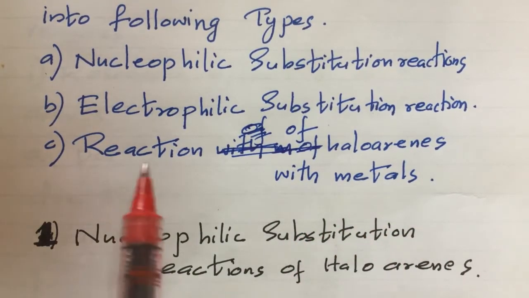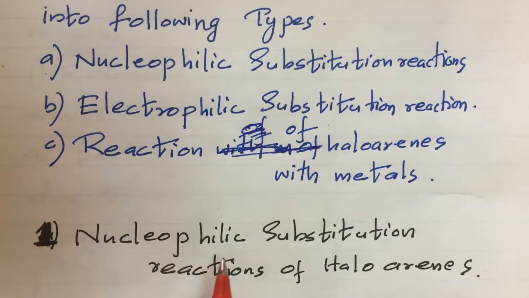Okay, the first chemical reaction of haloarenes is the nucleophilic substitution reaction. In the previous video, you learned about nucleophilic substitution reactions of haloalkanes. The reaction of haloarenes is also similar to that.